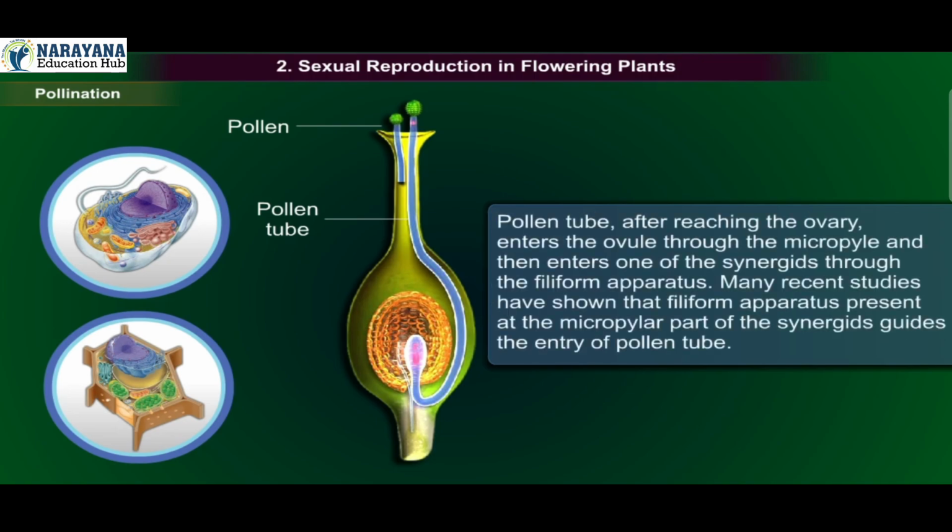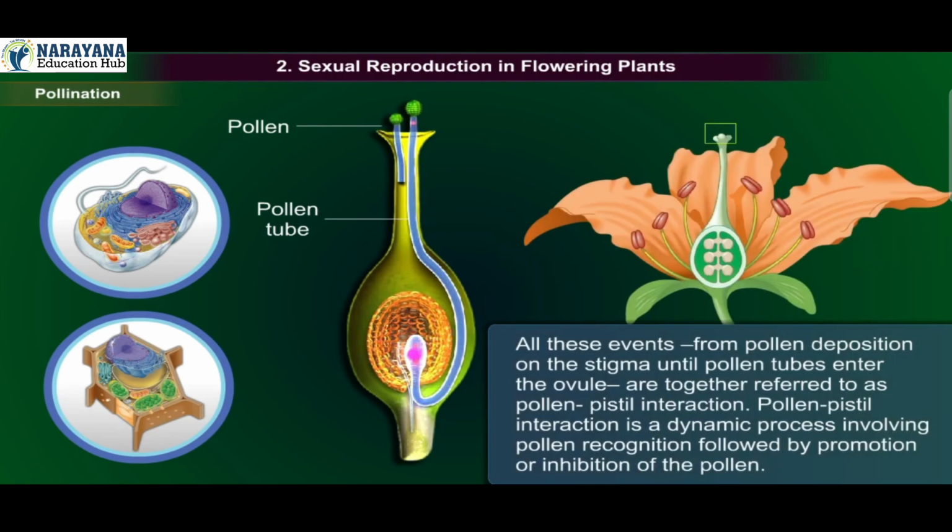The pollen tube, after reaching the ovary, enters the ovule through the micropyle and then enters one of the synergids through the filiform apparatus. Many recent studies have shown that the filiform apparatus present at the micropylar part of the synergid guides the entry of the pollen tube.